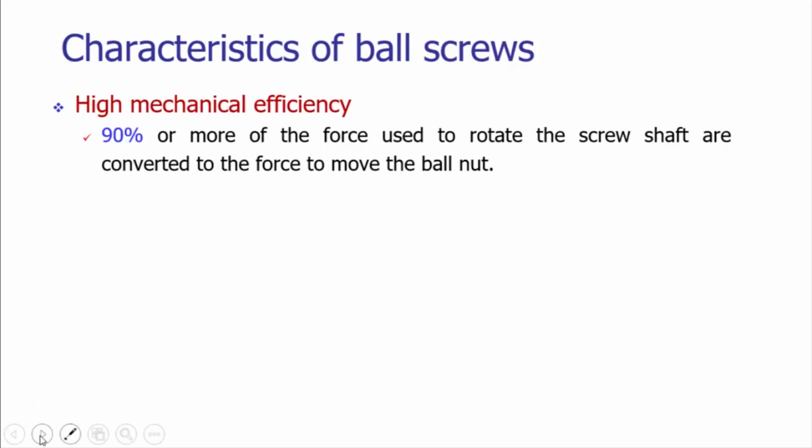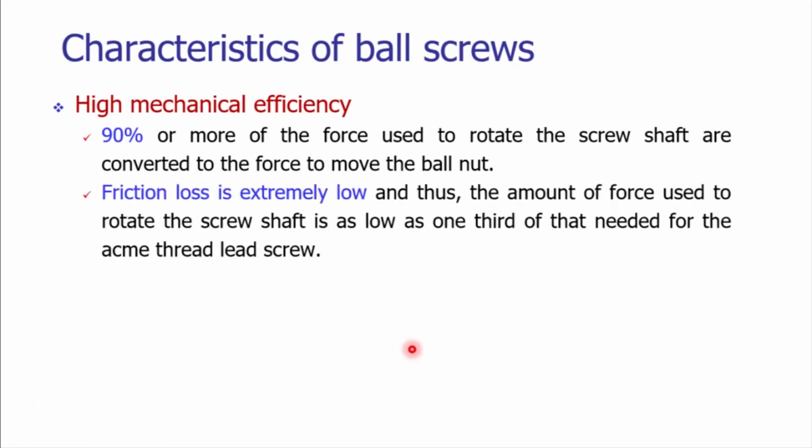What are the various characteristics of the ball screws? The ball screws are providing us very high mechanical efficiency. So you just look at here, 90% or more than 90% is the mechanical efficiency. So whatever the force which is used to rotate the shaft, 90% of the force would be transmitted to the ball nut.